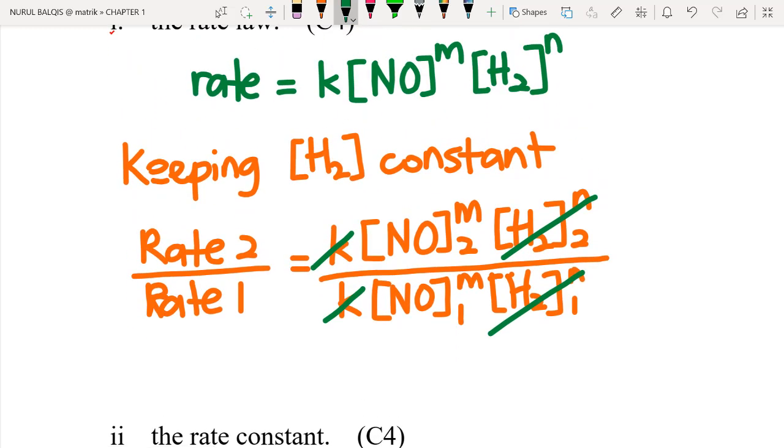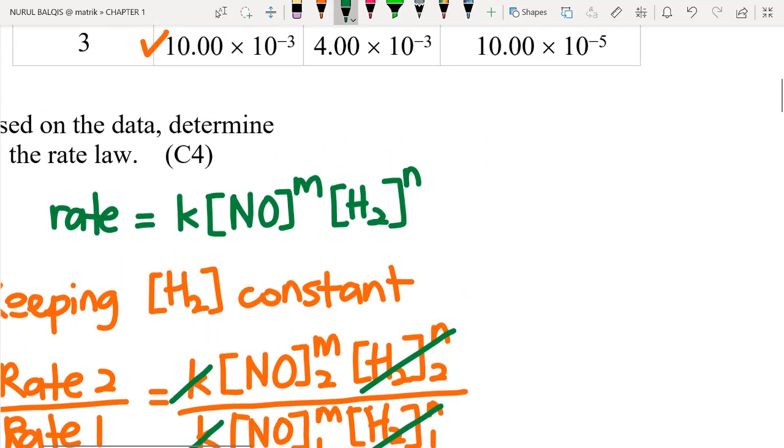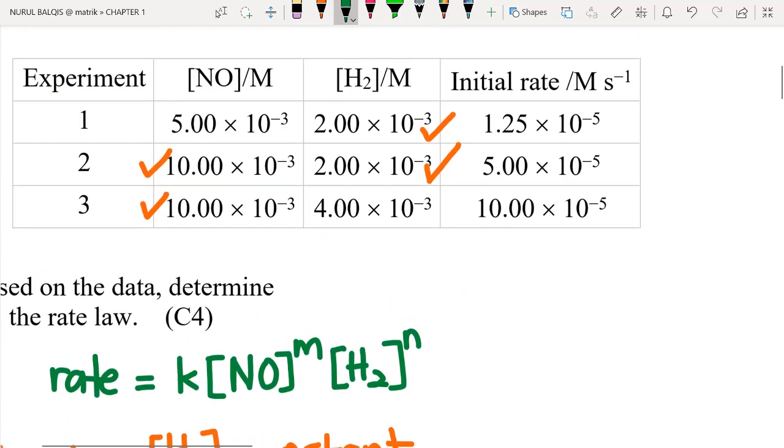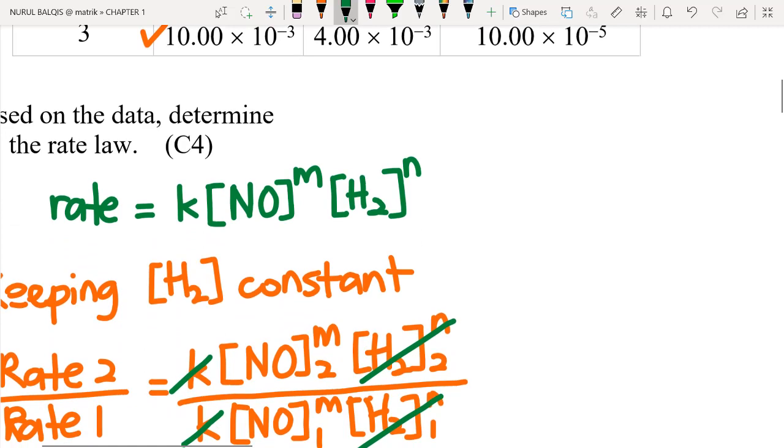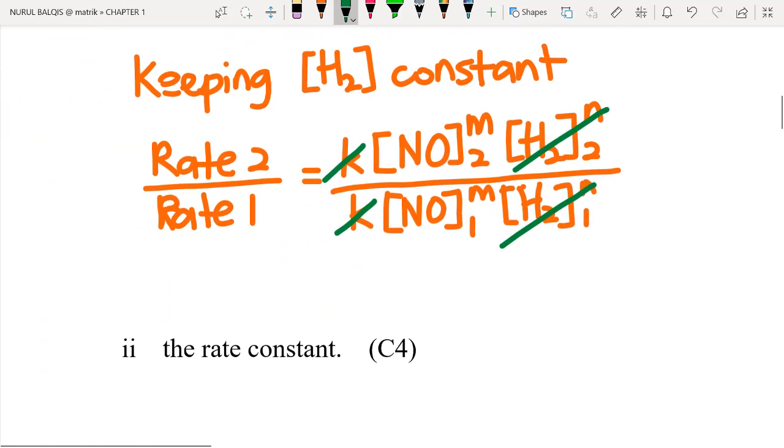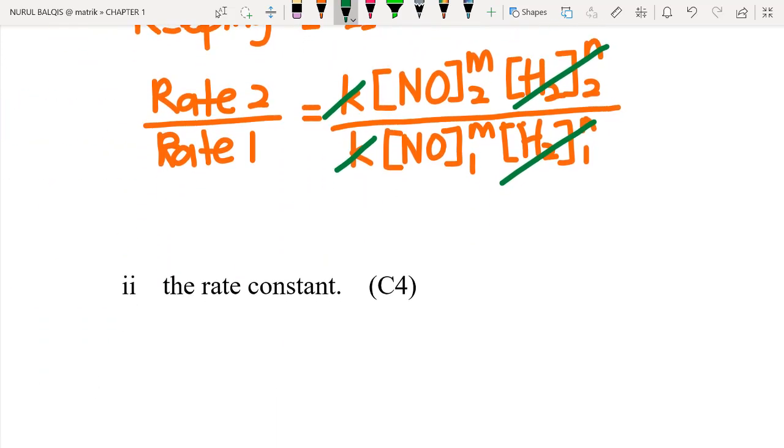We know that our rate 2 over rate 1 will be 5 × 10 to the power of negative 5 and also 10 to the power of negative 5.